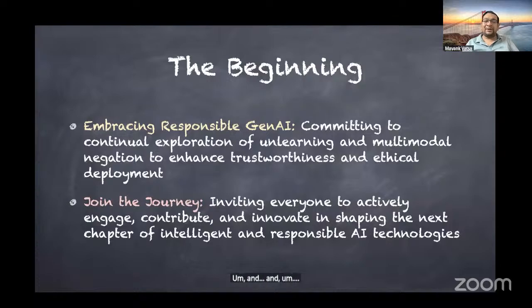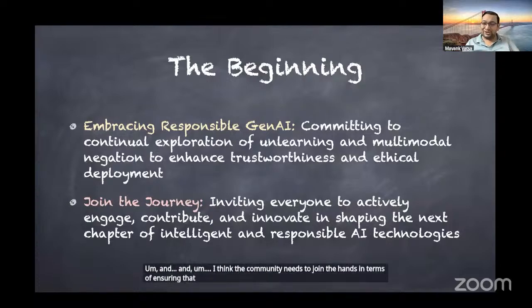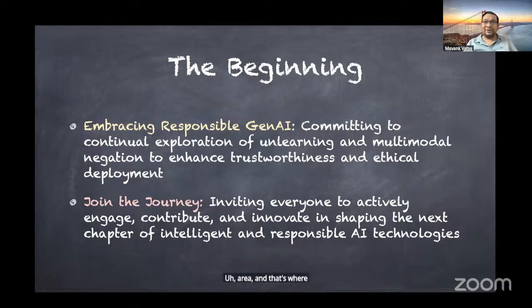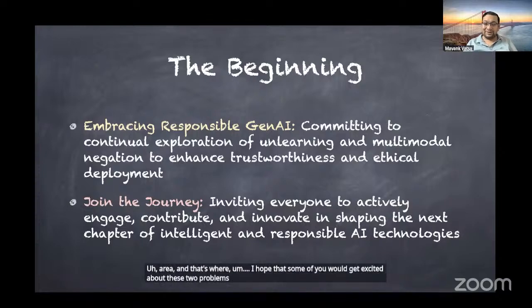I think the community needs to join hands to ensure that more and more research comes in this area, and I hope some of you will get excited about these two problems and take them forward.